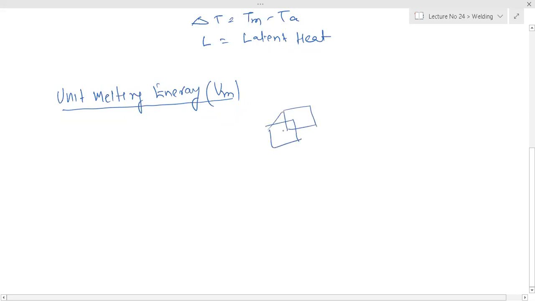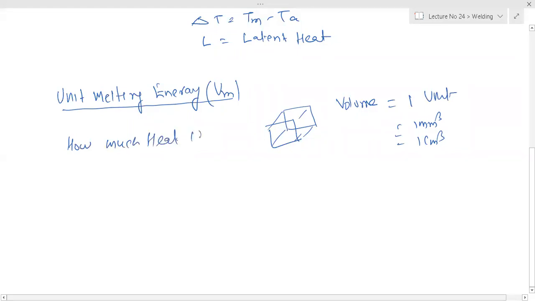So unit melting energy is a term for unit volume of the material, right? Volume is one. It may be 1 meter cube, 1 millimeter cube, or 1 centimeter cube, right? So when volume is one unit, how much heat is required to melt?